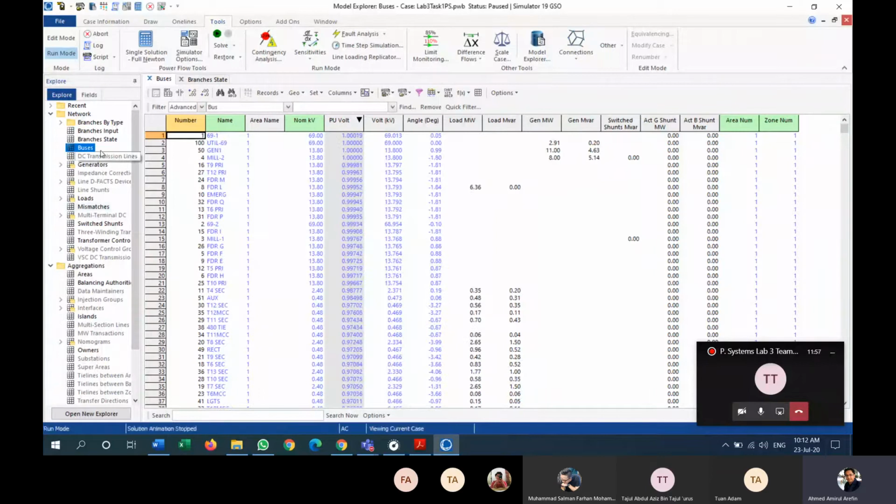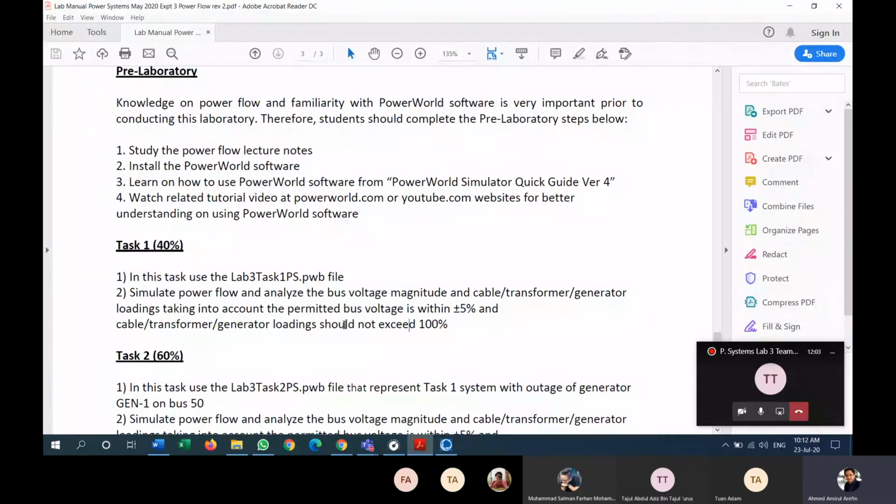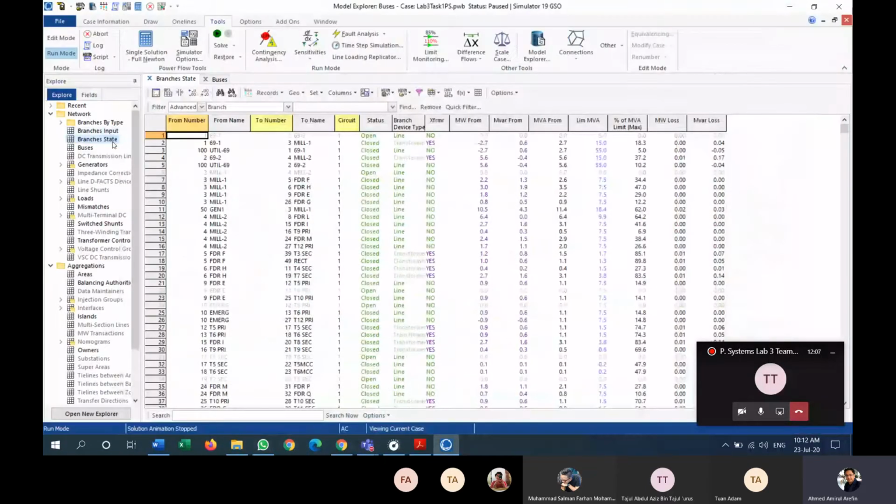Now I am going to the next part, which is the 100%. The loadings should not exceed 100%. How can you see that? There is the Branch State option, where you see the percentage of MVA limit.